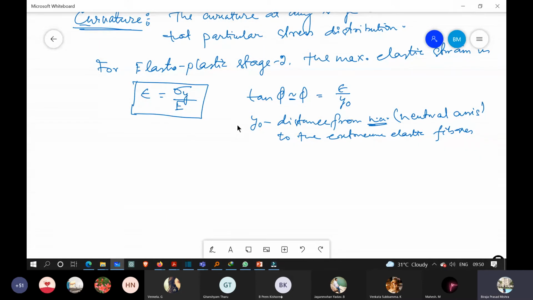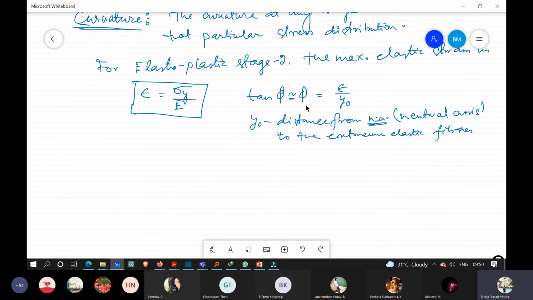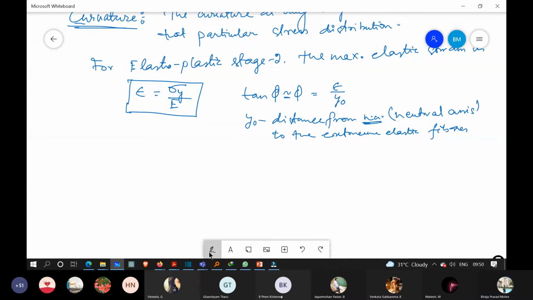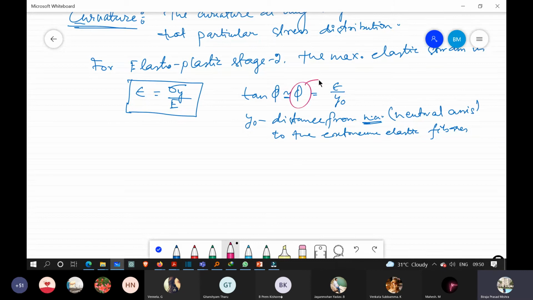Now let's talk about the moment. One thing I missed here. If we put everything, for this, phi equals epsilon by y0.